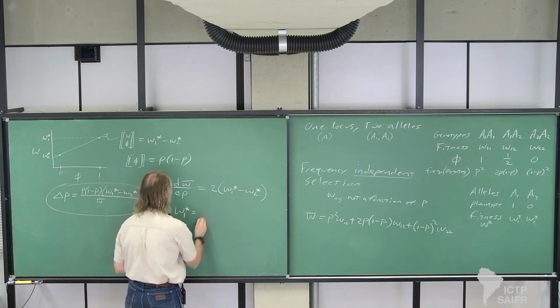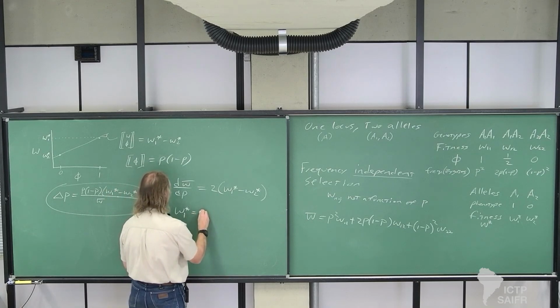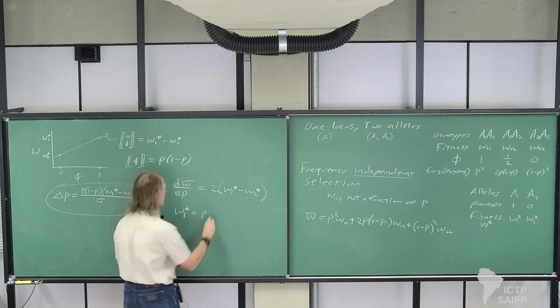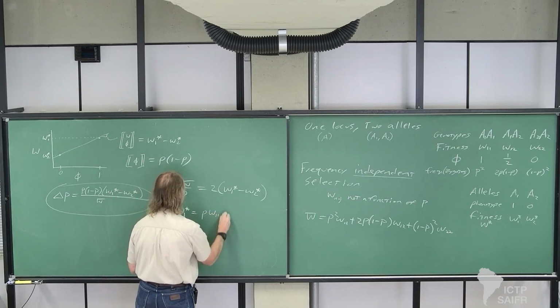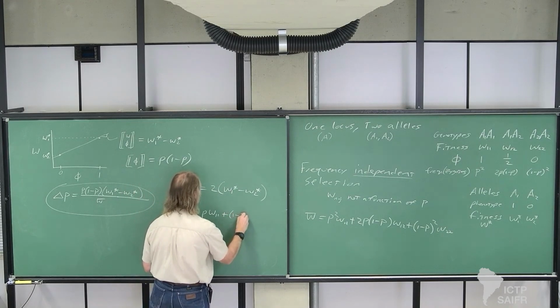So it's the probability that it's paired with another A1, which is p, times the fitness that it would have in that case, which is W11, plus the probability that it's paired with A2, which is 1 minus p, times the fitness that it would have then, which is W12.